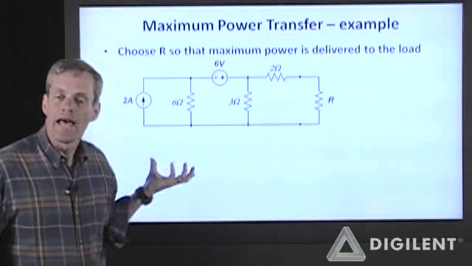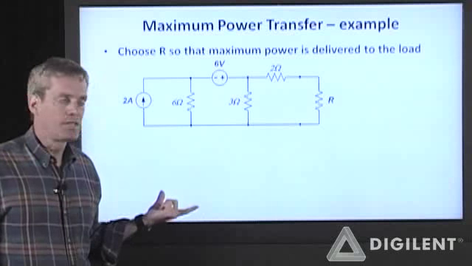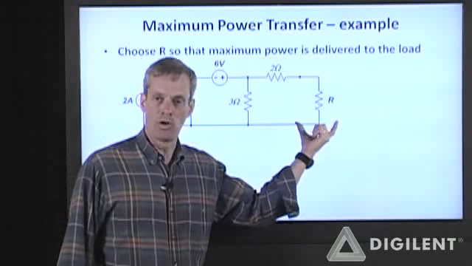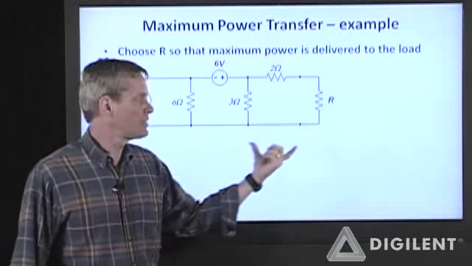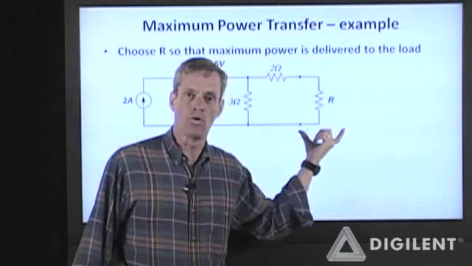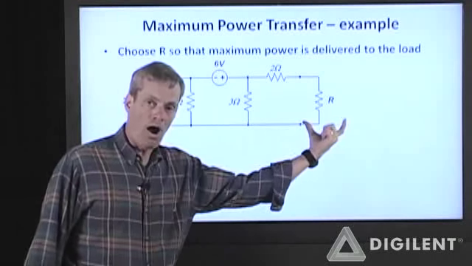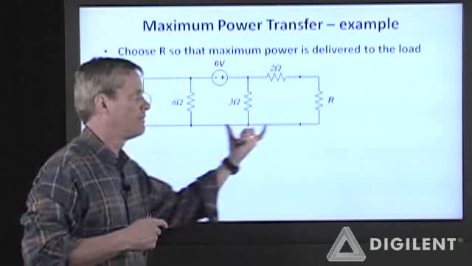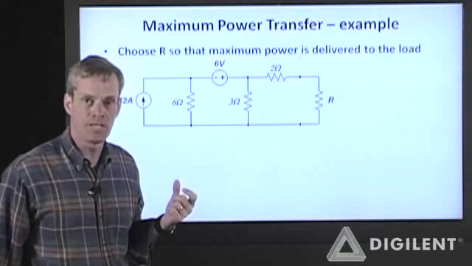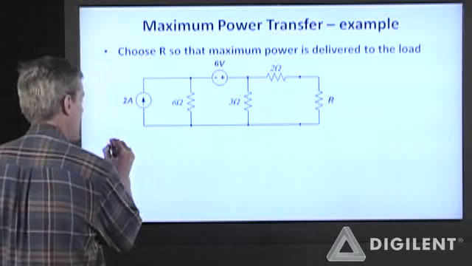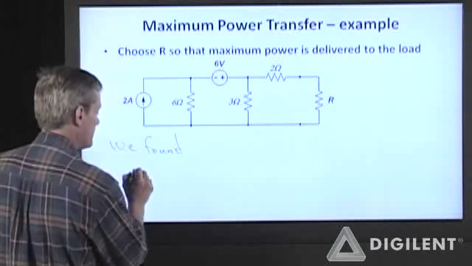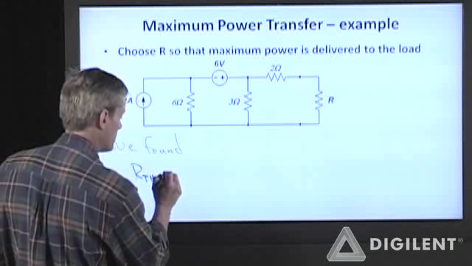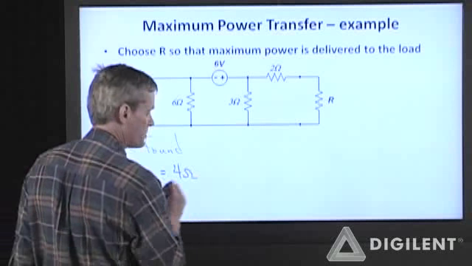Our previous example from both Thevenin's and Norton's theorems was this circuit with some load resistance. Now we get to see how Thevenin's circuit is going to allow us to design some load. Say we want to choose R such that this circuit delivers the most power possible to the resistance. Earlier we found that R_TH was 4 ohms.